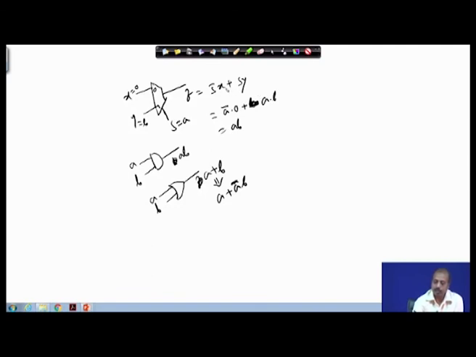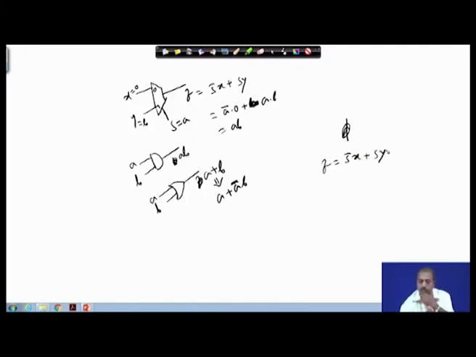If I take this S as A, okay. If I take y equal to 1, I have this expression f equal to s bar x plus s y.